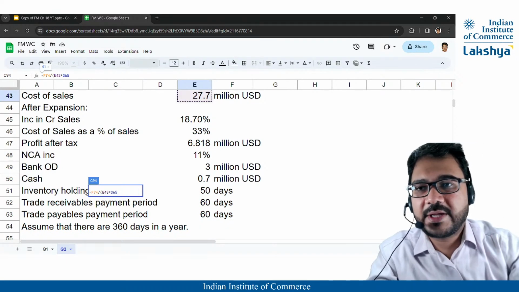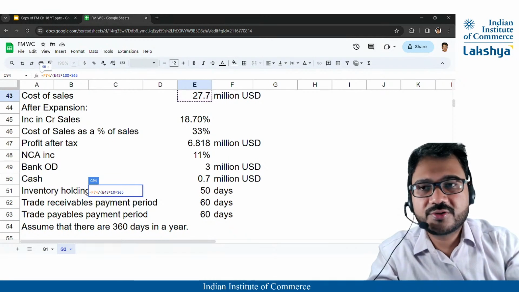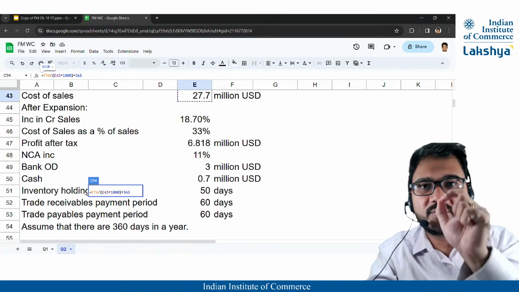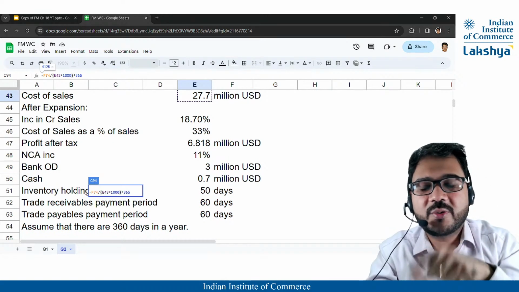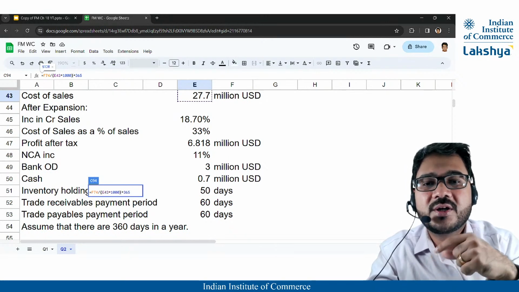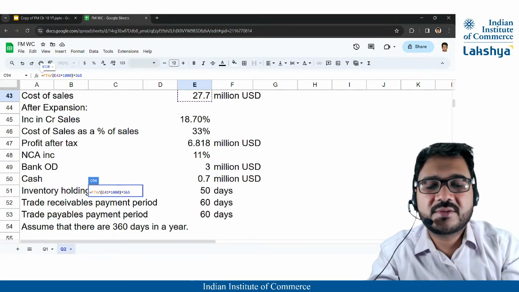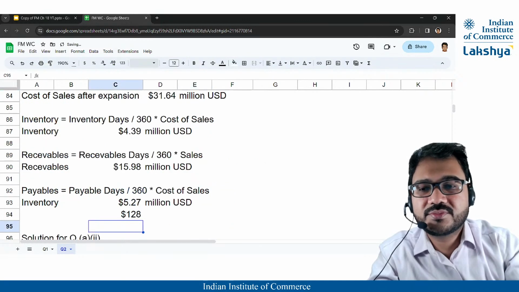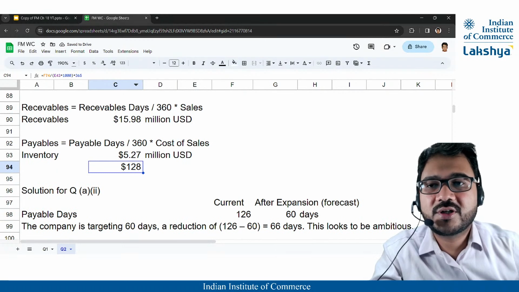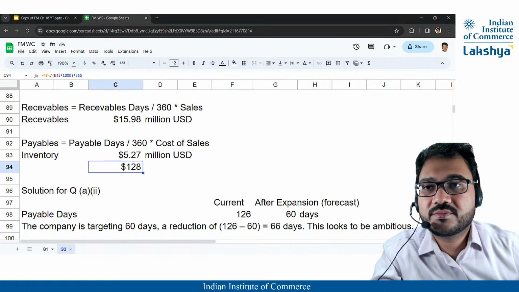So you are putting a bracket to this into thousand. Okay, because you need to have a bigger figure, right? 27.7 is million. In thousand, it would be 27,700 something thousands. Okay, so 128. Now these are days. Why am I getting 128 here but 126 there? Everything is same.